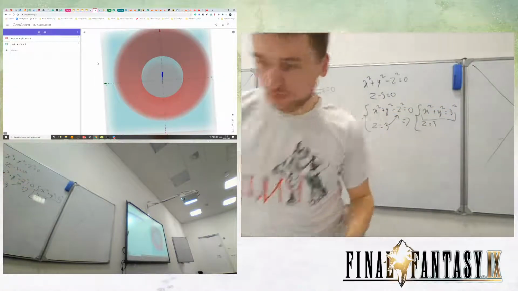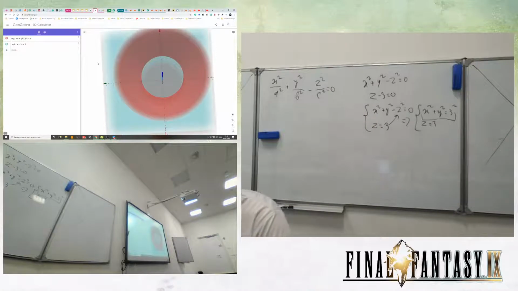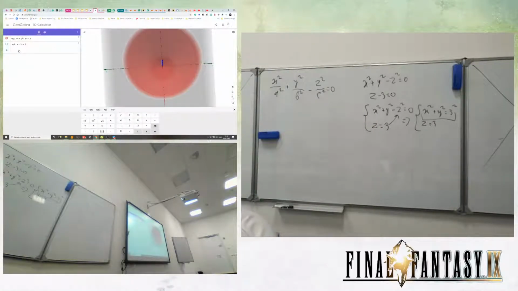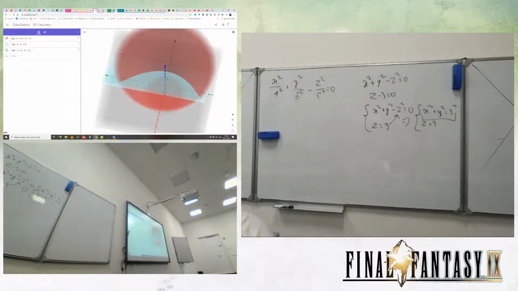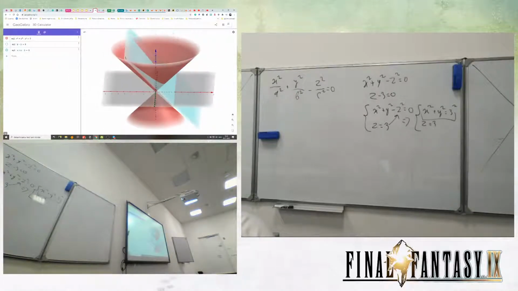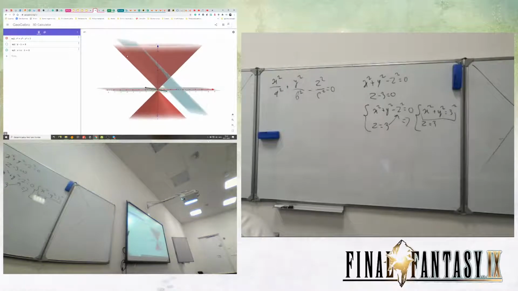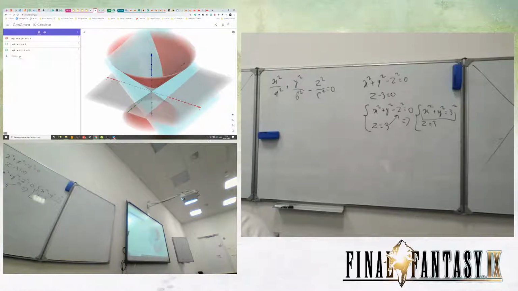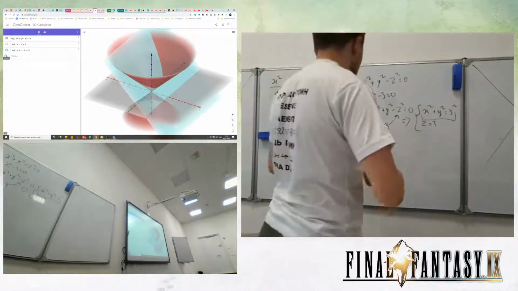Okay, but let's make our plane more complicated, for instance x plus z minus 3. What should it be? Okay, so it seems we should obtain a parabola. So let's solve this equation.